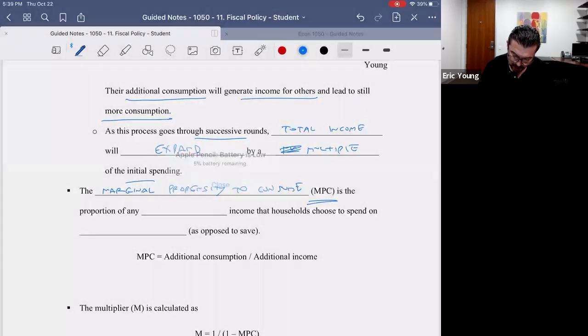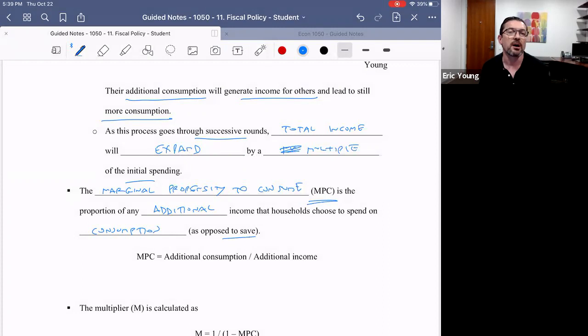So the marginal propensity to consume refers to the proportion of any additional income that a household earns that it chooses to spend on consumption as opposed to save.